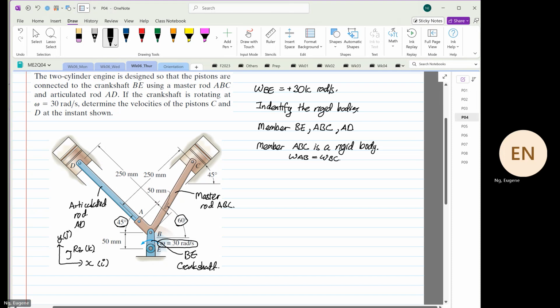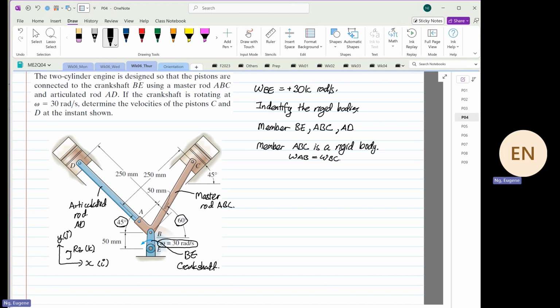BC, because they are a rigid body. So the first thing to do, let's do something simple first. Or before we do something simple, what are we going to assume?